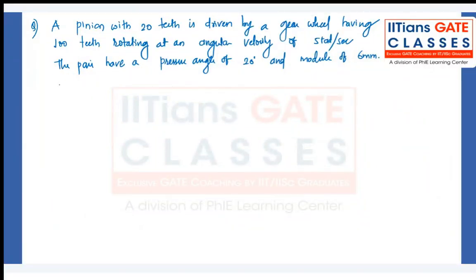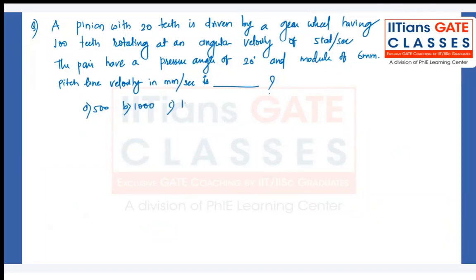Pitch line velocity in millimeter per second is? These are the options: 500, 1,000, 1,500, 2,000.